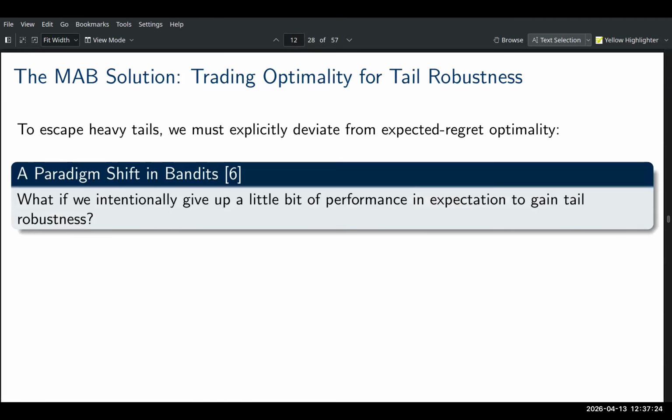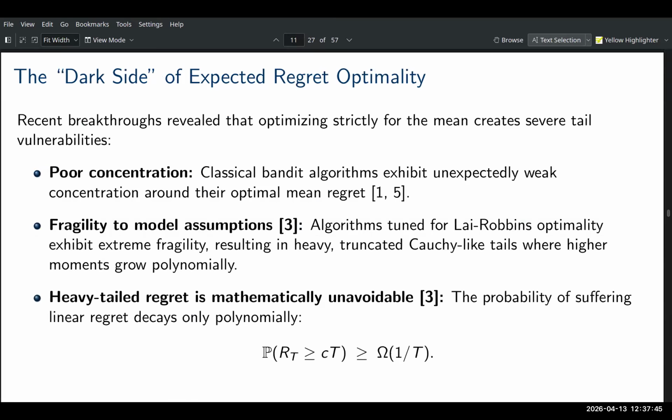In a very interesting follow-up work by Sen, Chelevi and co-authors, they ask a different question. They say, what if I want to improve the performance of the tail? Can I adjust my algorithm a little bit to make sure that I have a nice tail behavior all over the place?